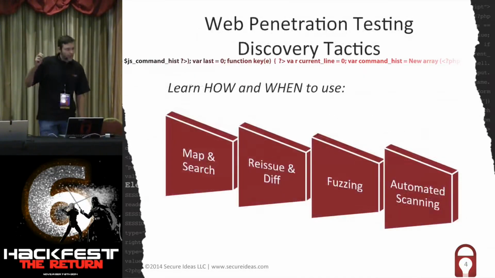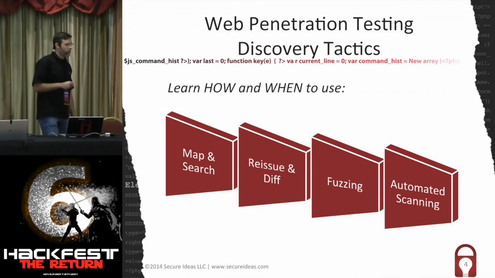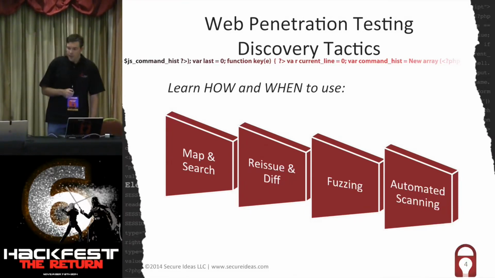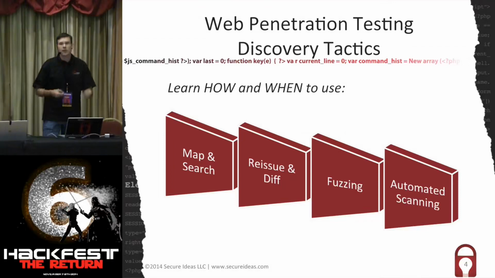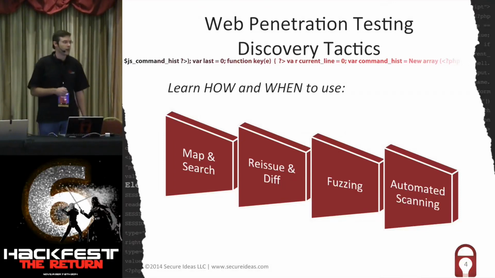So if you're getting into web pen testing, maybe you're new to web pen testing, maybe you've been doing a lot of network infrastructure pen testing and you're starting into web, these are some of the main tactics, skill sets that you absolutely must acquire. These are essential skills for a web pen tester, things that you need to know how to do.